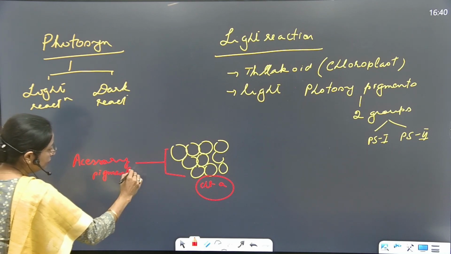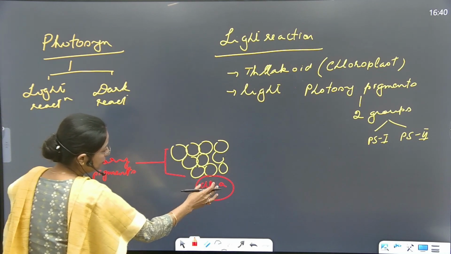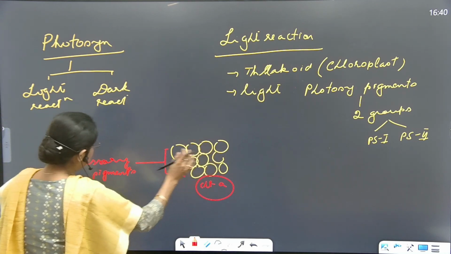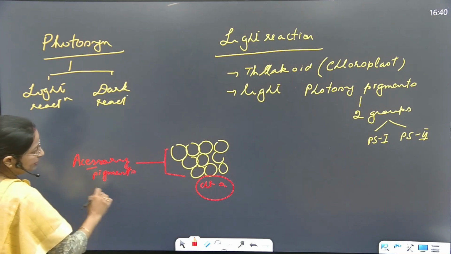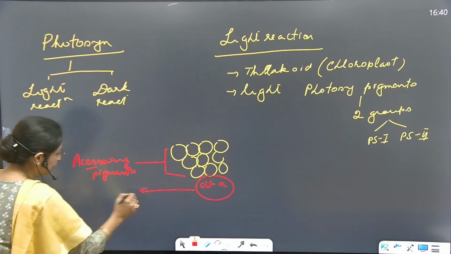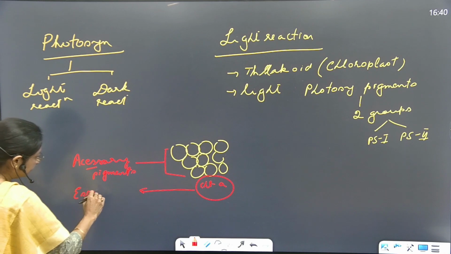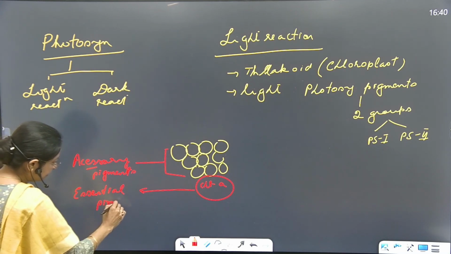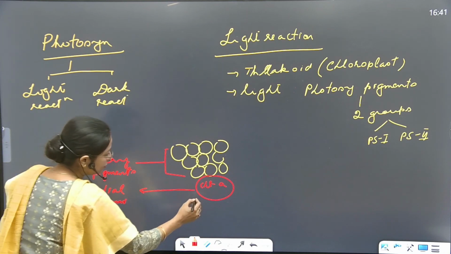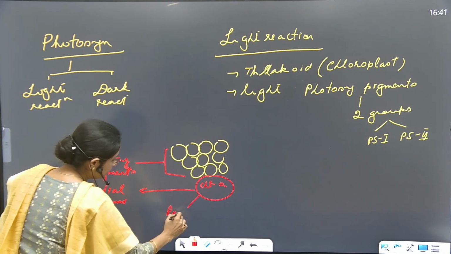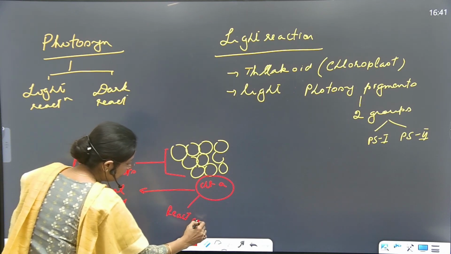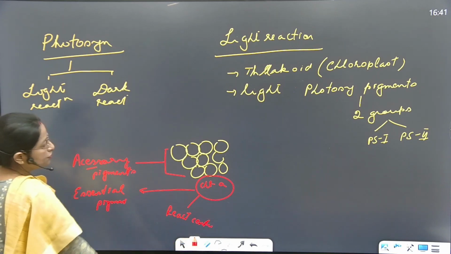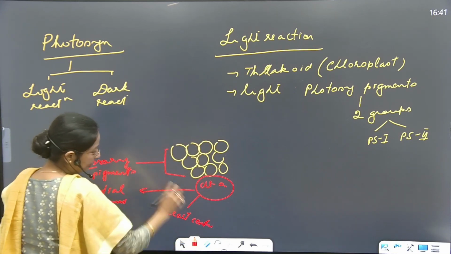So both have an important member and the rest help. The helping ones are called accessory pigments, and chlorophyll A is called the essential pigment, right? It forms the reaction center. So this is a group of photosynthetic pigments.